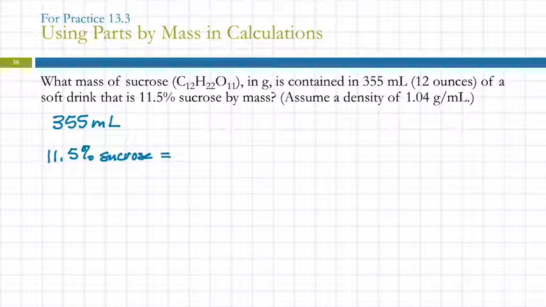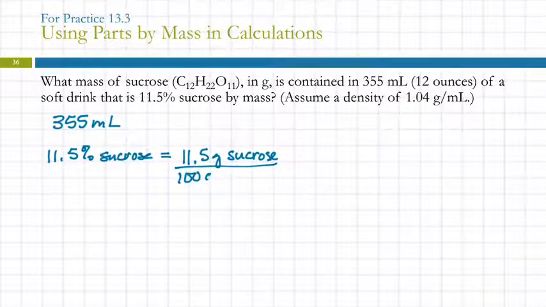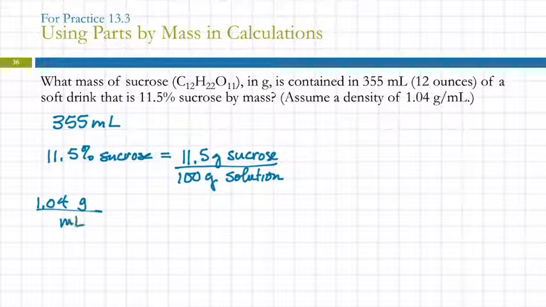What does 11.5% by mass mean? 11.5 grams of sucrose over what? 100 grams of water? The solution. Okay, and then we have a density, 1.04 grams per milliliter.